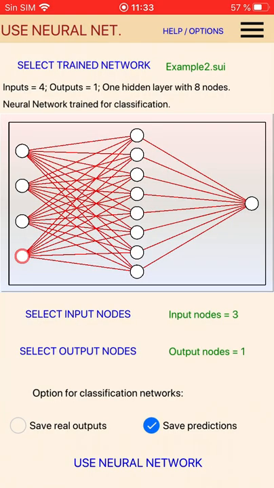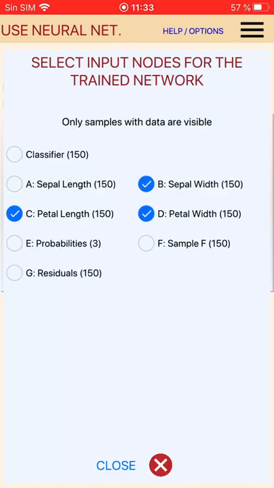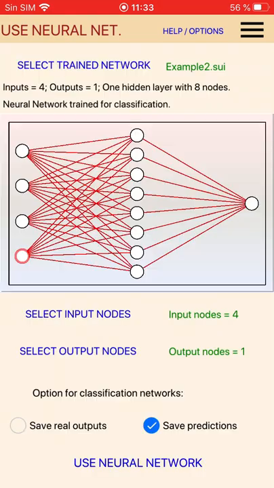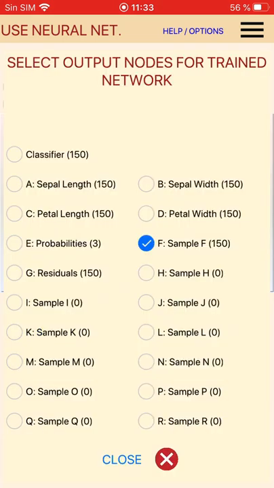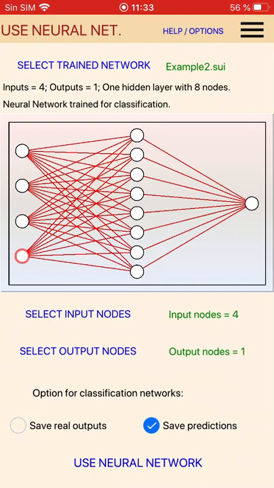Okay, so let's apply this neural network. Input nodes, this for 1. Output node, well, we can use the same one, F. And now we have 2 options: save real outputs, save predictions.